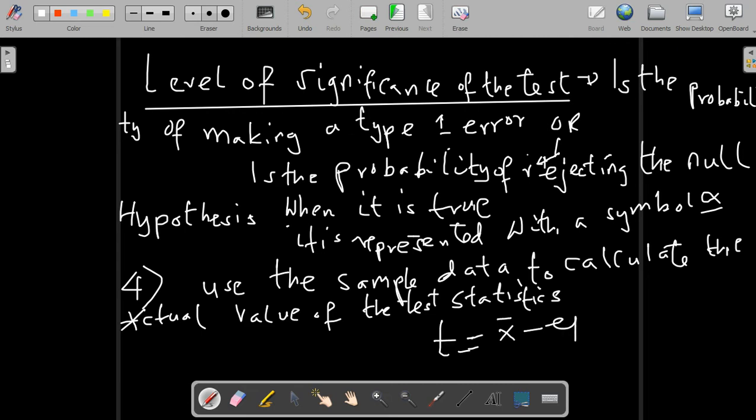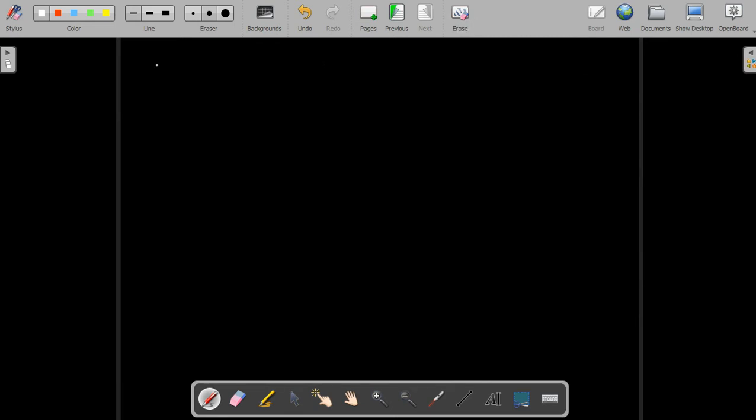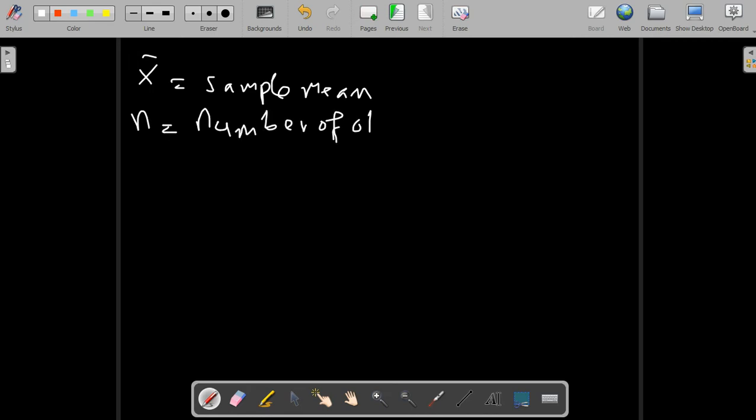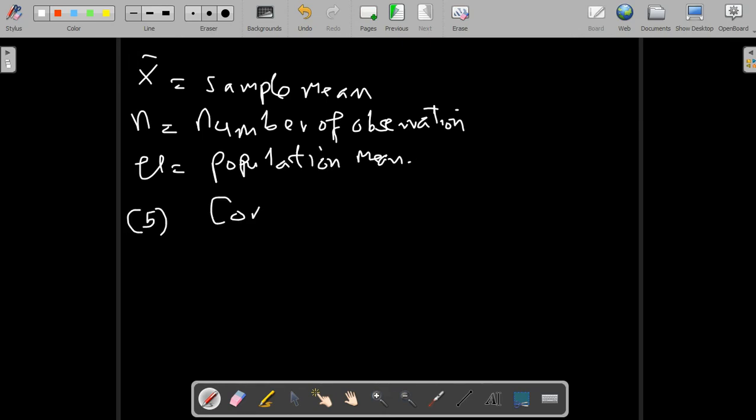Or we may apply the z test, which is equal to the sample mean minus the population mean over the standard deviation. Our x bar represents the sample mean, n represents the number of observations, and mu represents the population mean.